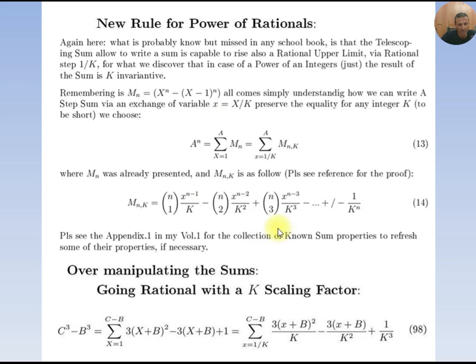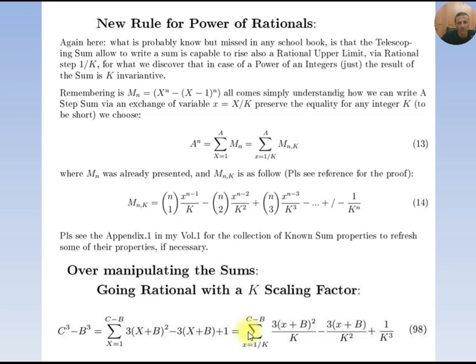But since they are very simple, and this presentation is for mathematicians or students that already know sums and calculus, I will go on writing here Fermat's Last Theorem. The right hand, I remember, we left as c cubed minus b cubed equal to the sum from x equal to 1 to c minus b of 3 times (x plus b) squared minus 3 times (x plus b) plus 1.